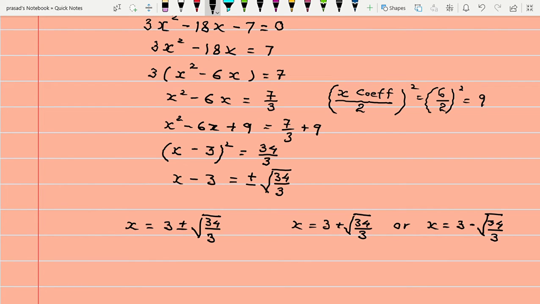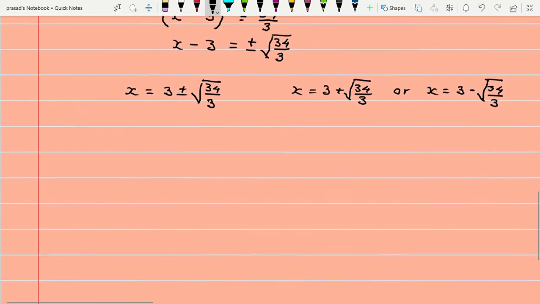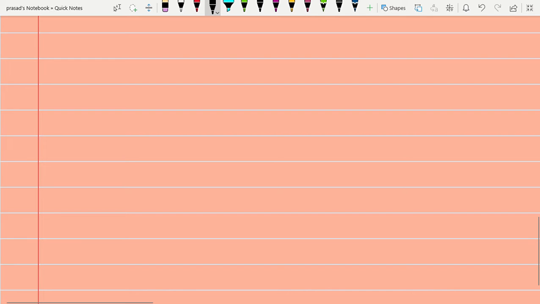So these are the two roots of the quadratic equation in the third form or in the exact form.